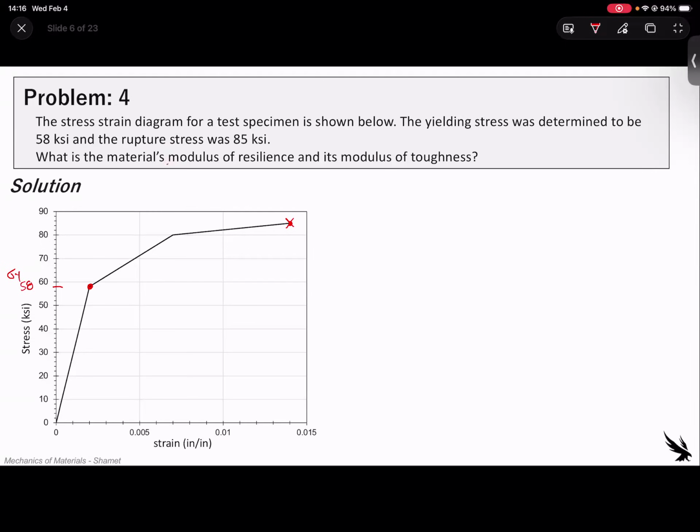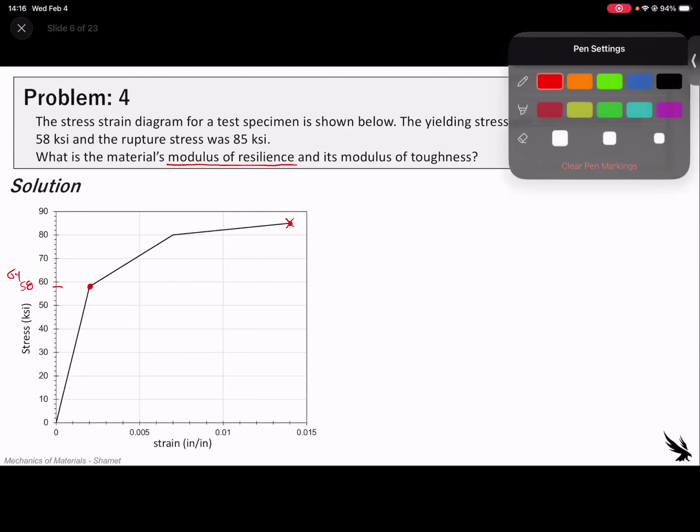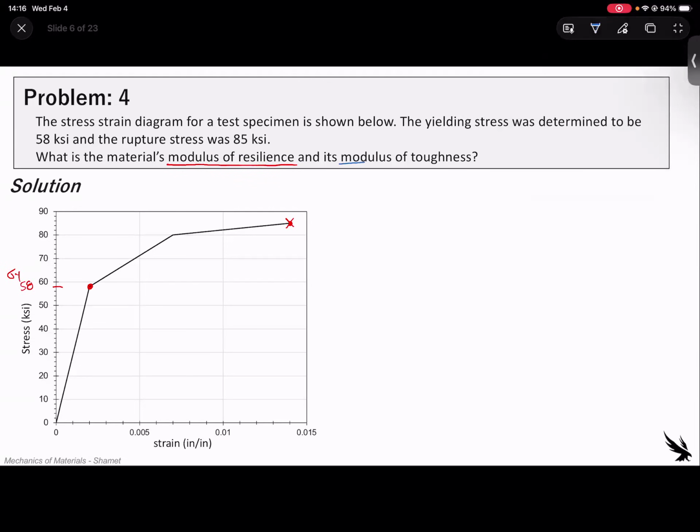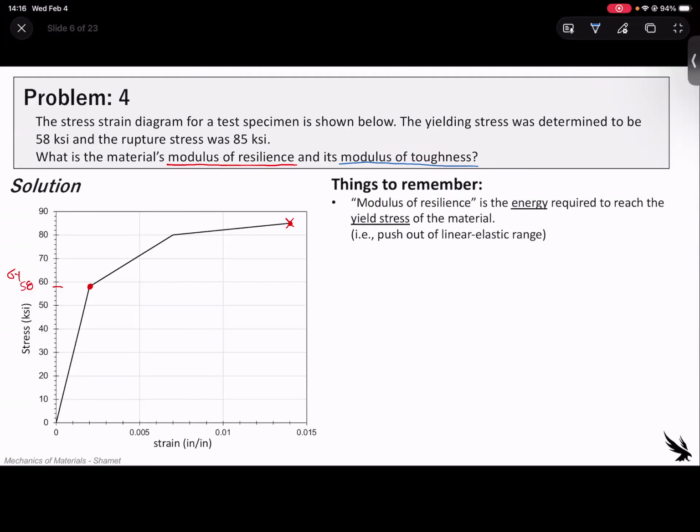So there's two things here. We're asked for the modulus of resilience and the modulus of toughness. Now, for the modulus of resilience, this is the energy required to reach the yielding stress of the material.